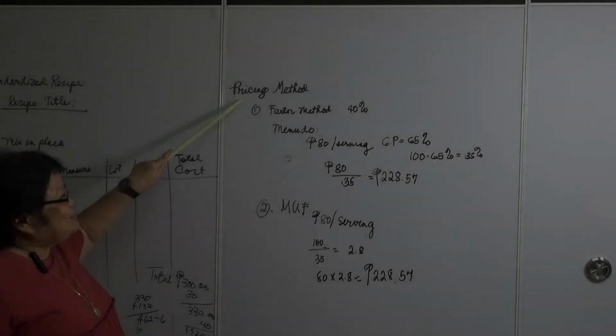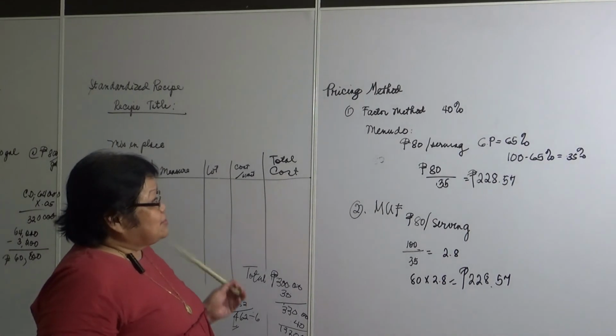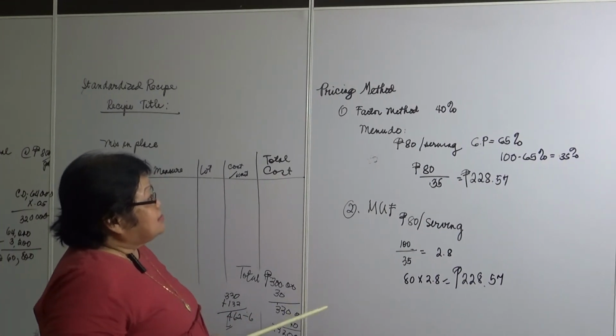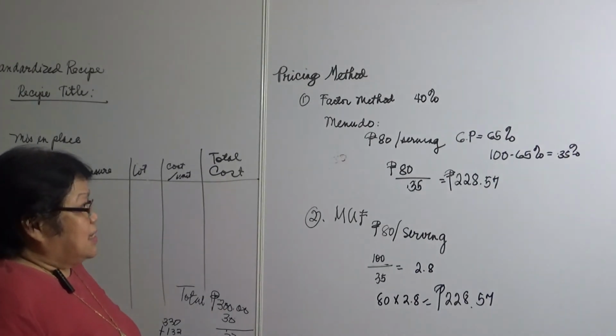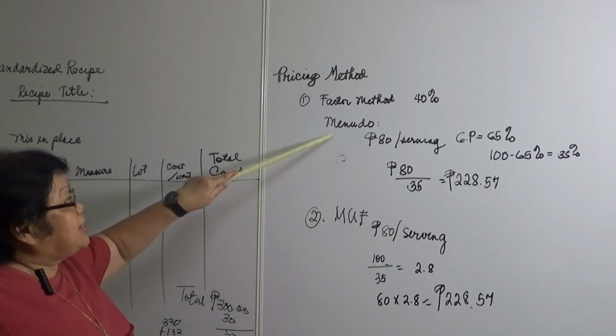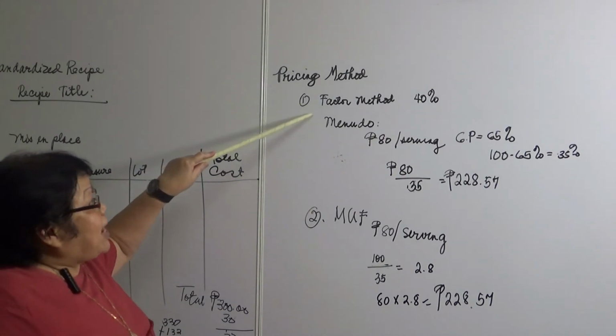Right, let's go to the pricing method. Because you have purchased already the ingredients and then you know already the overhead, labor cost, then you can come up with how to price them. No? We have the factor method.